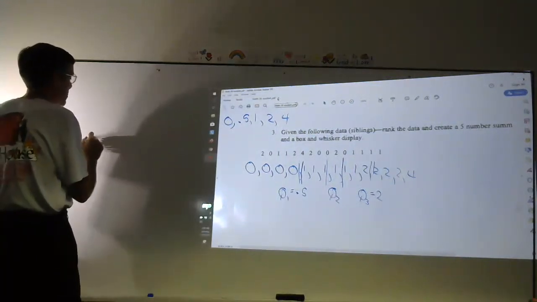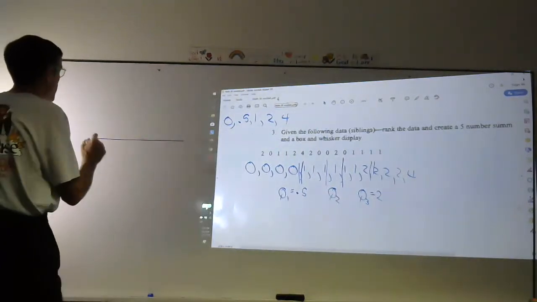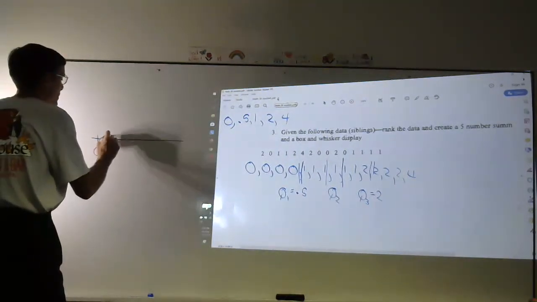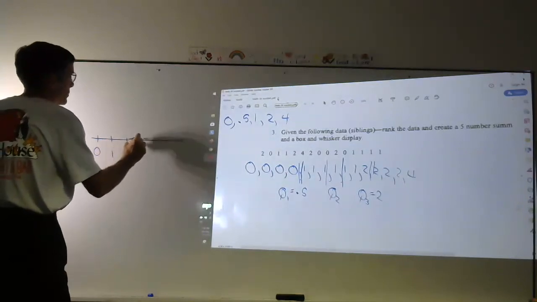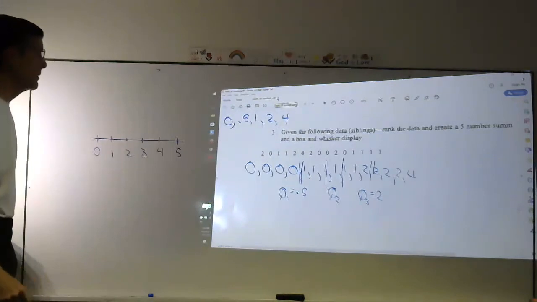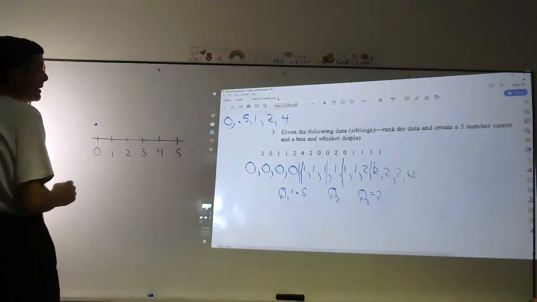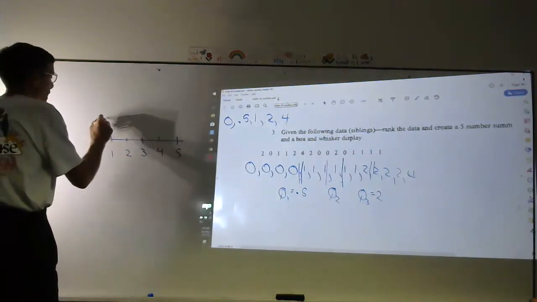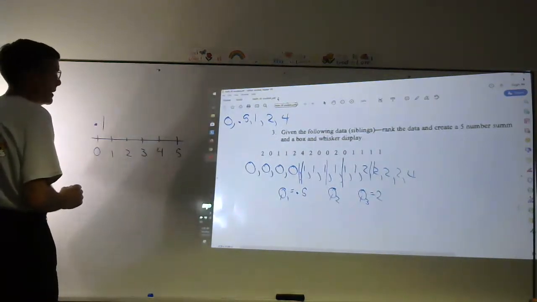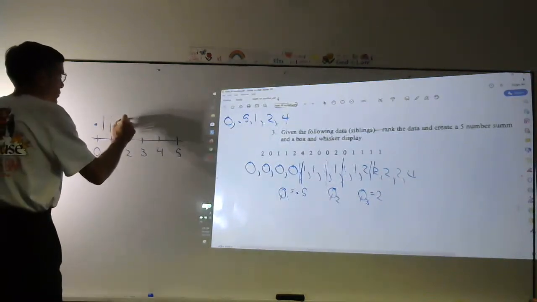I want to establish a nice x-axis. It's got to go from 0 to 4, so I will do 0, 1, 2, 3, 4, and 5. All right, so here we go. Dot on 0. Line on 0.5. Line on 1. Line on 2.